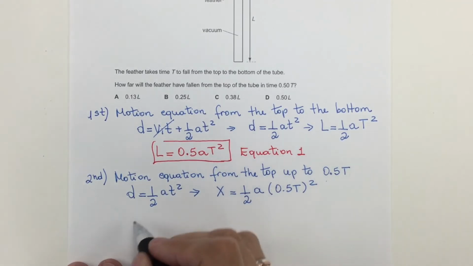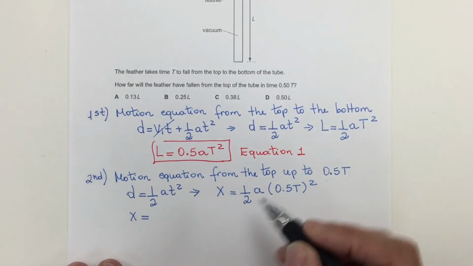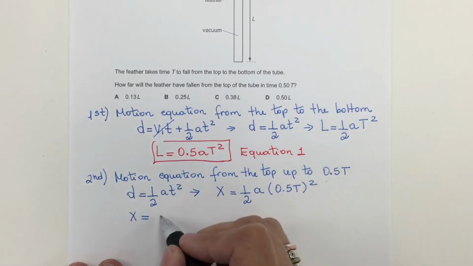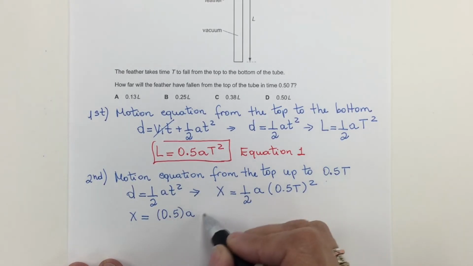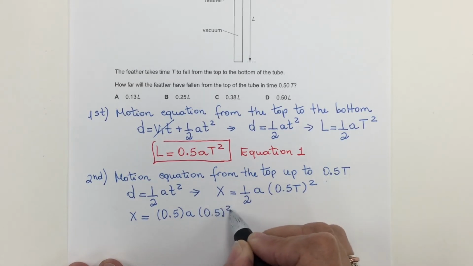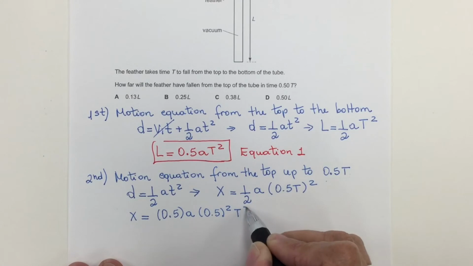I'm going to simplify these equations. So x is, again, I don't want to use fractions, so it'll be 0.5 a, and here you'll have 0.5 squared and t squared.